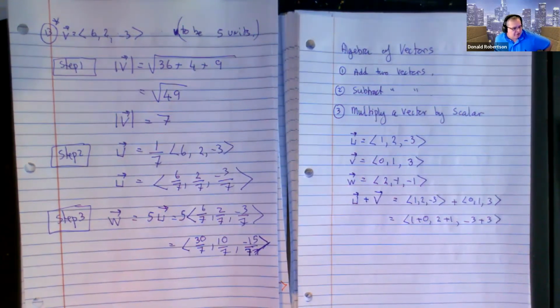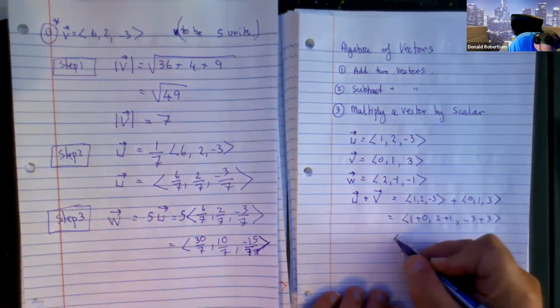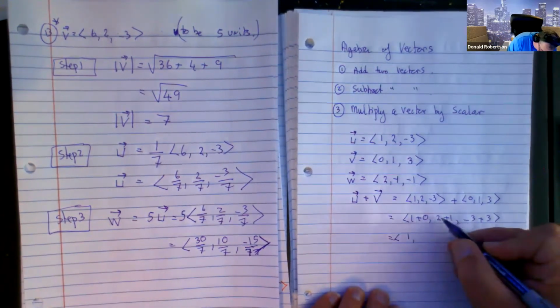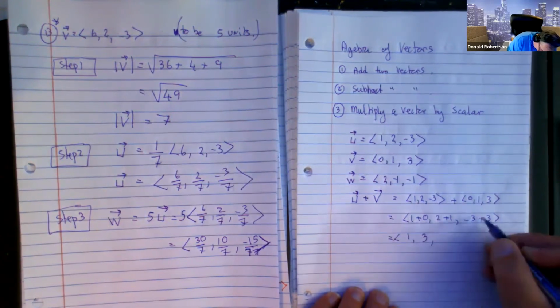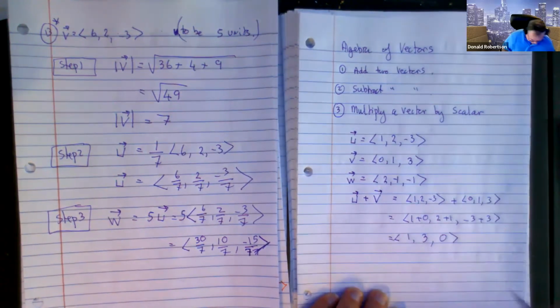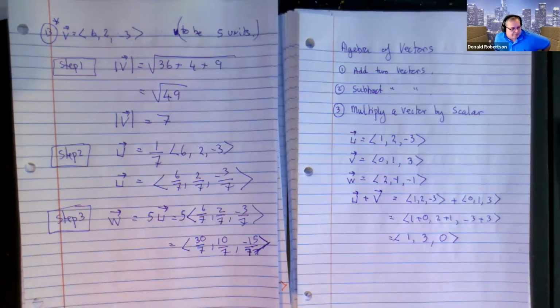Would that make sense? You want to add 2 vectors, you add the x's, so 1 and 0 gets me 1. You add the middle 2, and you get 3, and you add those guys, and you get 0. That makes life easy, doesn't it? Adding 2 vectors is really just adding the x's, adding the y's, and adding the z's, right? There's no real weird rule about it.